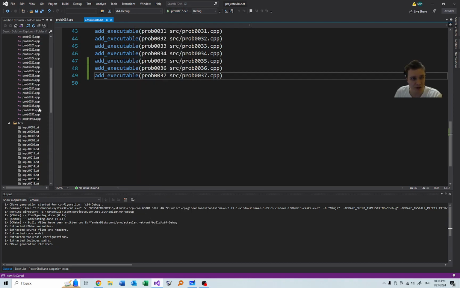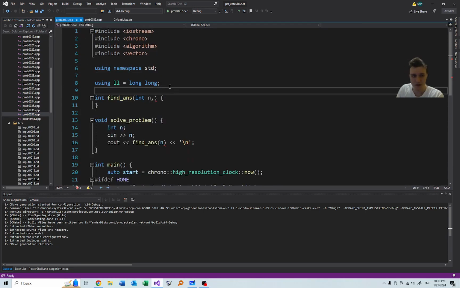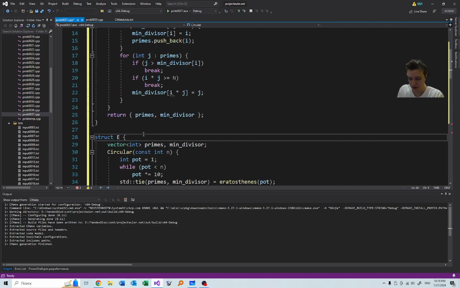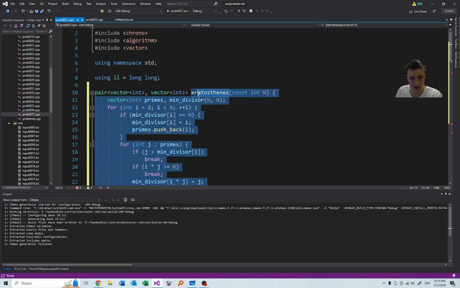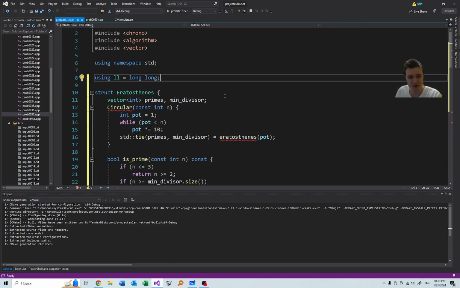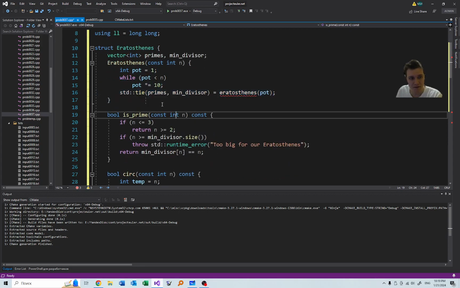Now here we need to copy this Eratosthenes. Let's call it Eratosthenes. And here, this will be the constructor of this class. So actually we say that here we construct this class.